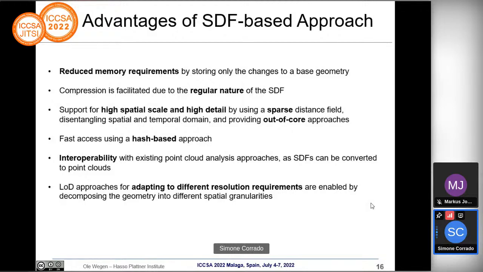Then, using this sparse voxel data structure from Niessner et al., we can support high spatial scale and sufficient detail, and also fast access due to this hash table-based approach. Signed distance fields can be converted to point clouds, which ensures interoperability with existing point cloud analysis approaches. And signed distance fields can be decomposed into different frequencies or different levels of granularity. This ensures the use for different resolution requirements, as I explained earlier.